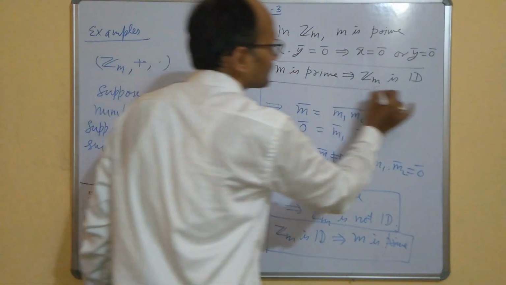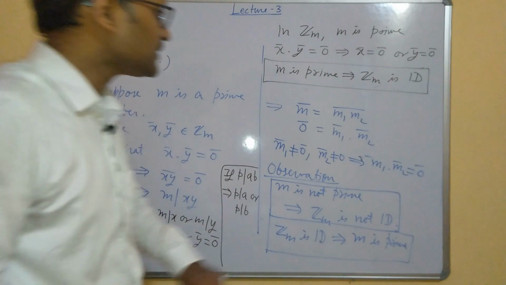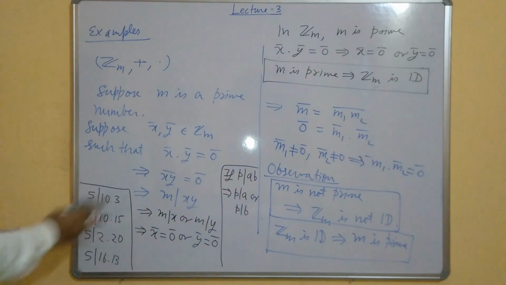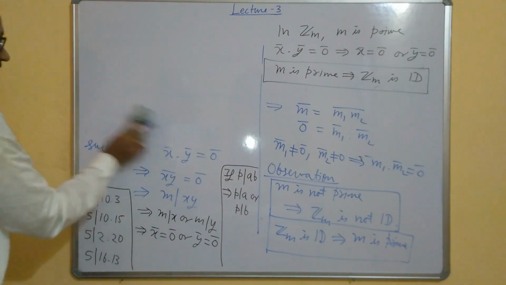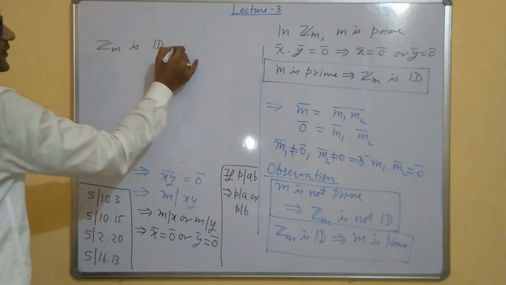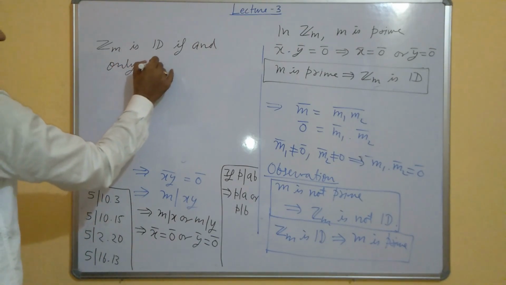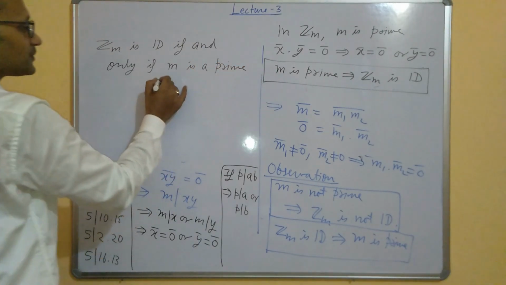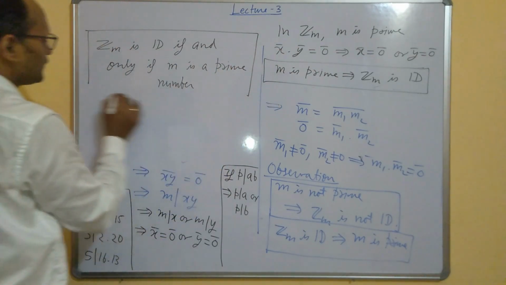So it is also true. What we have proved is that Zm is integral domain implies m is a prime number, and now the converse is also true, that if m is a prime number, then Zm is an integral domain. So we finally have observed that Zm is an integral domain if and only if m is a prime number.